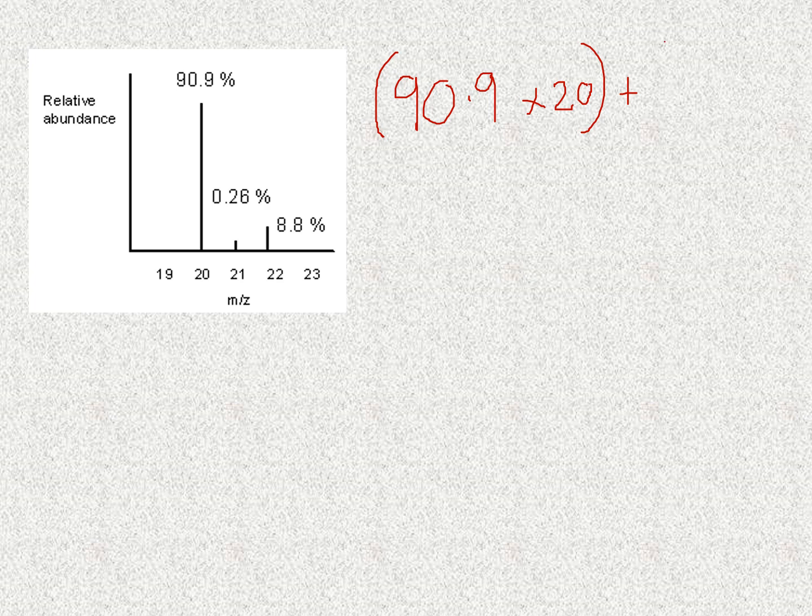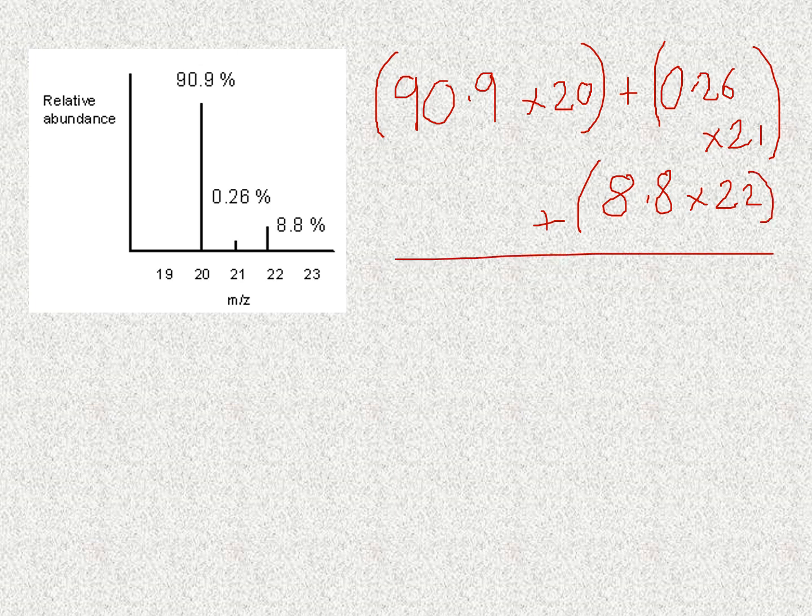Then you do the same for the second one, you add it, so it'll be 0.26 times 21, and then you add that to the next one, which is 8.8 times 22, and you divide that all by 100, because it should, but then it's not exactly 100, but it's pretty much bang on 100. All the percentages should add up to 100. And then you put that into your calculator, and that comes out to 3 significant figures as 20.2.